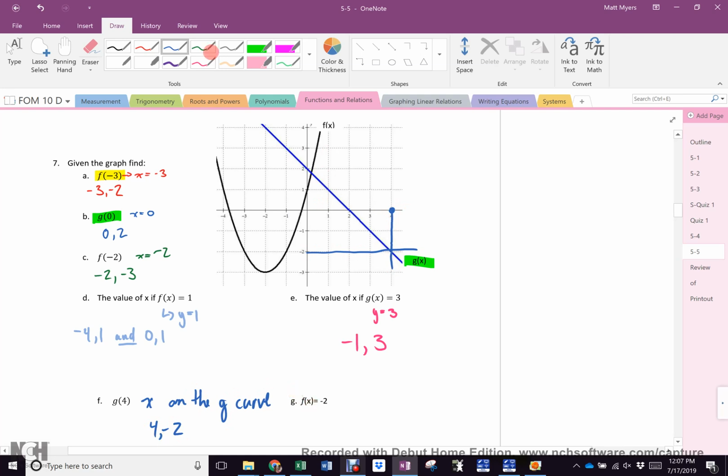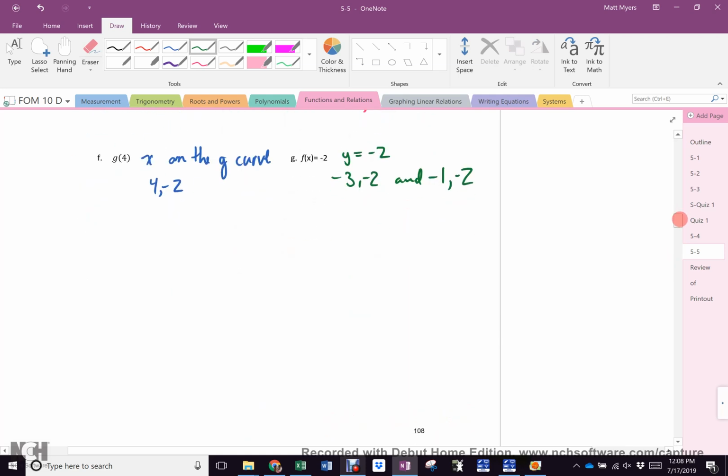And on this one, that is a y value of -2. So I go to y equals negative 2, and I see two intersections at (-3, -2) and (-1, -2).